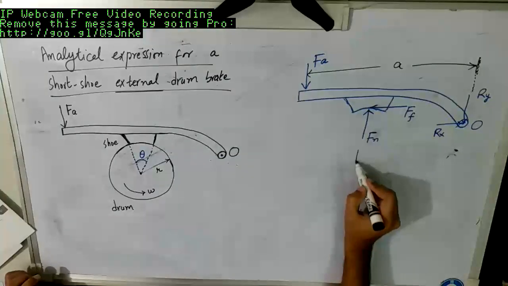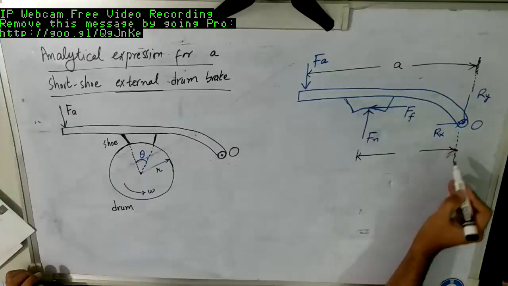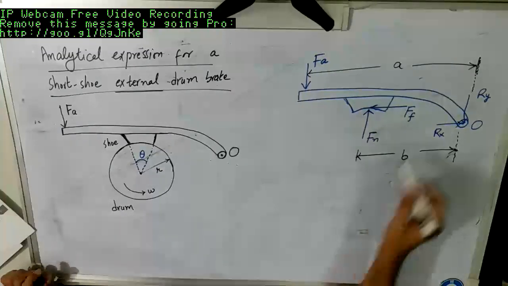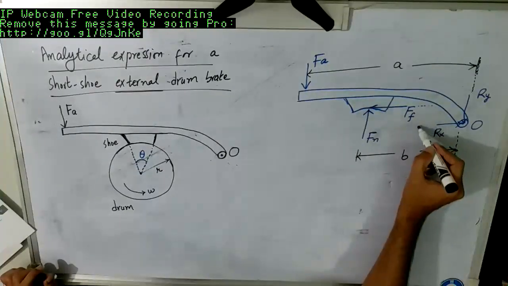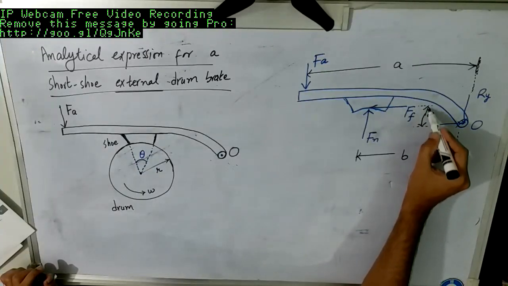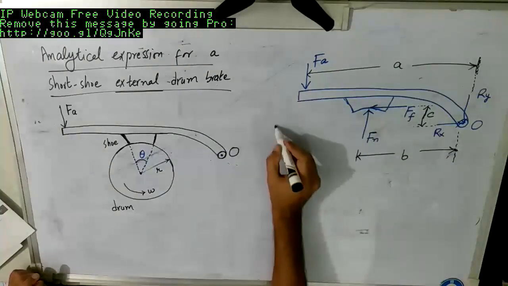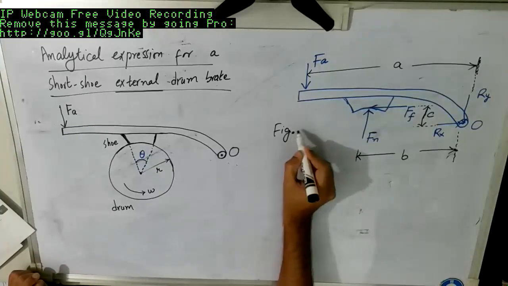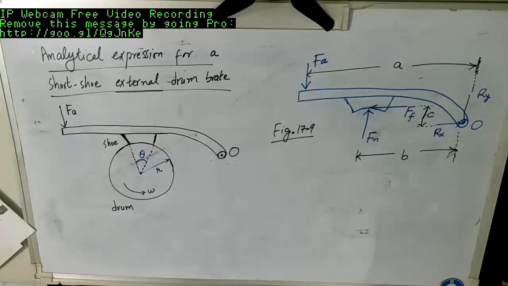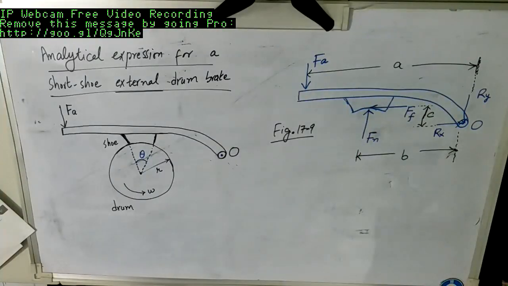Then we have another perpendicular distance here, which is B. And the third perpendicular distance is between this force and the pivot point, which we are going to call C. Remember, this is the same figure as 17-9 in the book, so you can see it from there. I just developed it step by step so that you would understand.